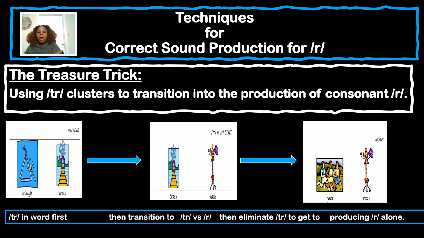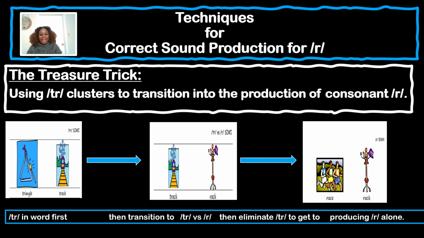And once we feel comfortable enough with them making the R by itself, you totally eliminate the TR sound so that they can make the R sound by itself. Race, rack, red, read, without any other words that have the TR sound in them.